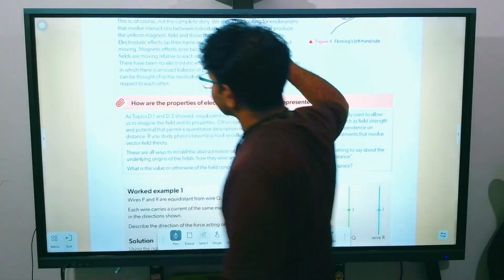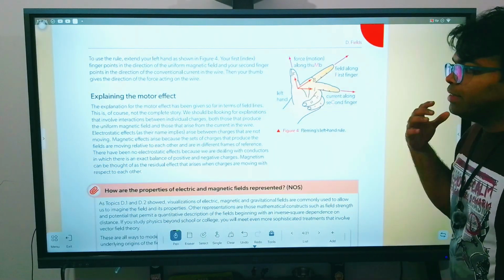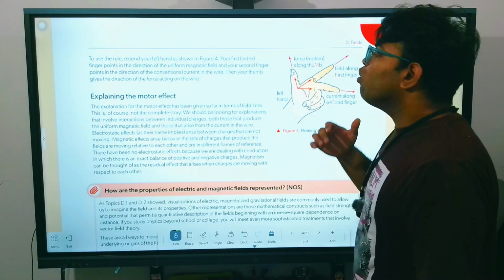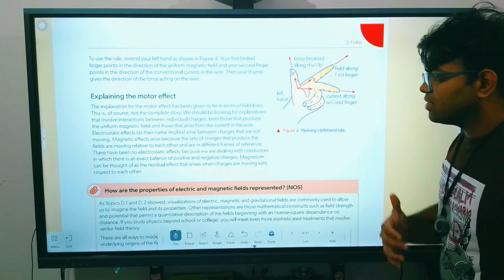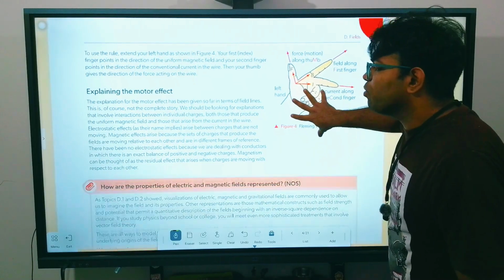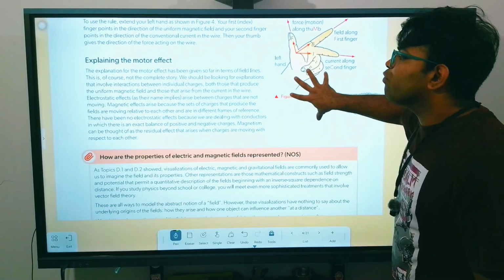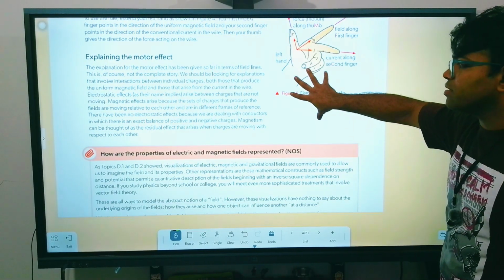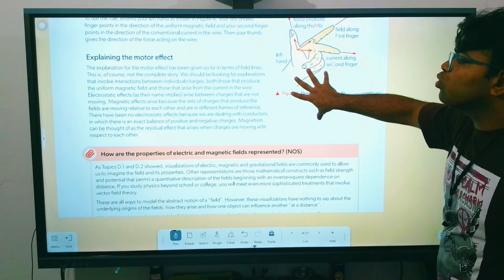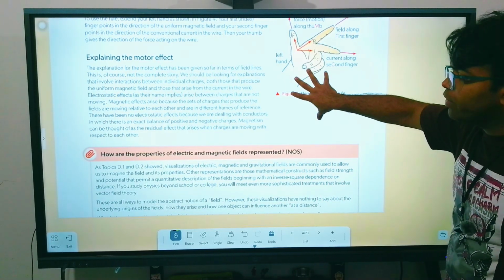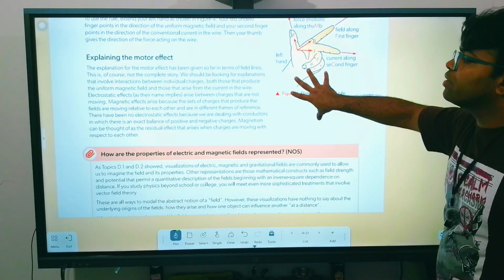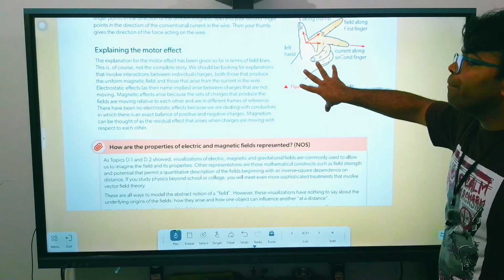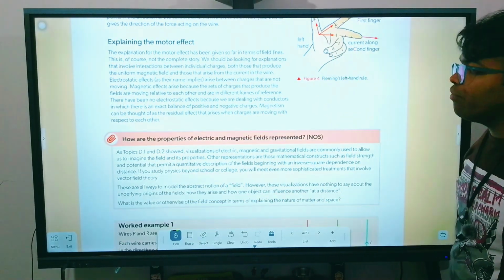Let's move on. The explanation for the motor effect has been given so far in terms of field lines. This is, of course, not the complete story. We should be looking for the explanation that involves interaction between individual charges, both those that produce the uniform magnetic field and those that arise from the current in the wire. Electrostatic effect arises between charges that are not moving.